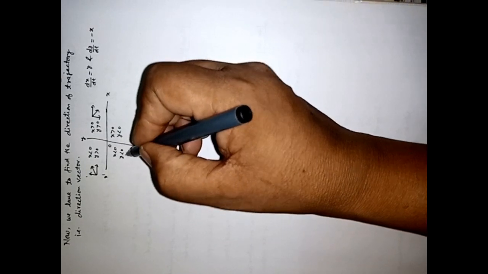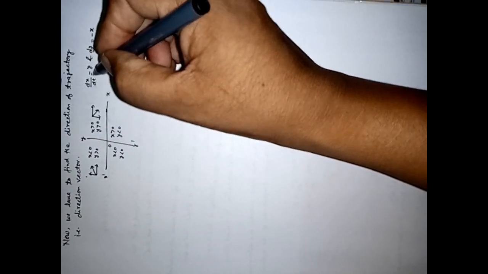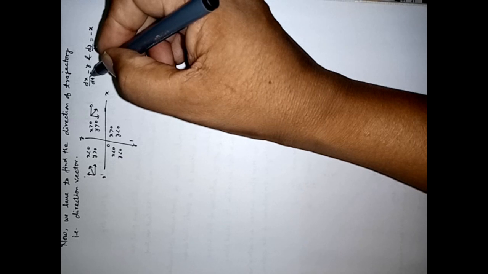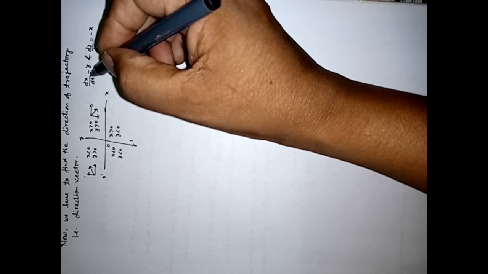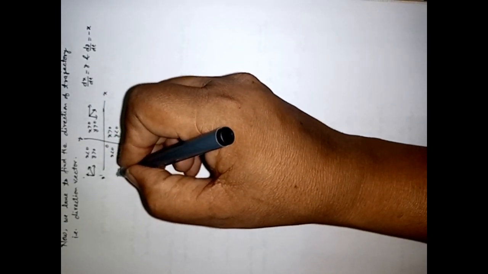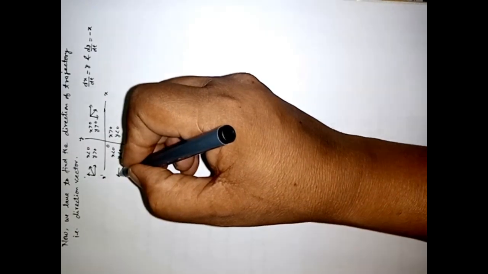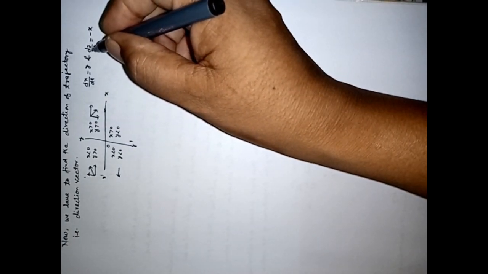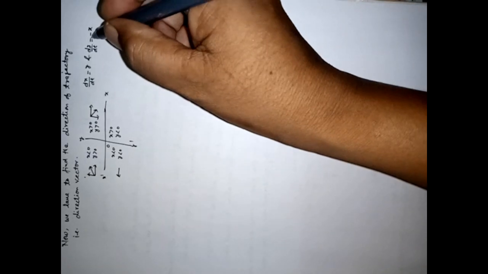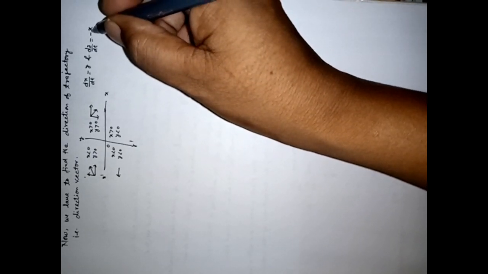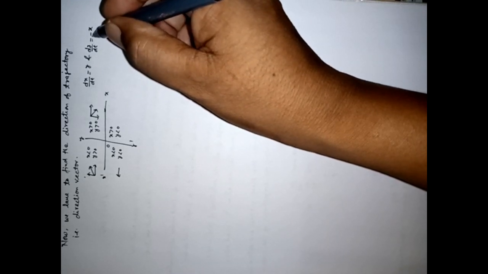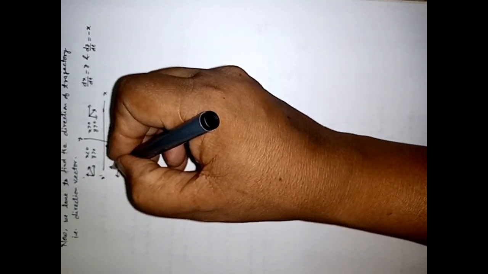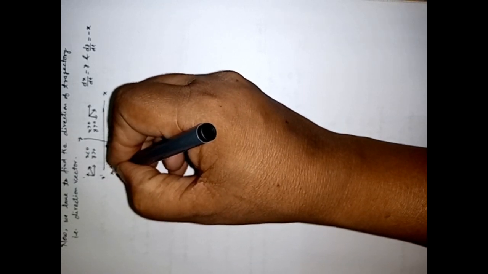Similarly, in the third quadrant, y is less than 0, so dx by dt is less than 0, that is, x is decreasing. Here x is less than 0, so dy by dt equal to minus x is positive, so the direction of y is along this, so the resulting direction is along this.